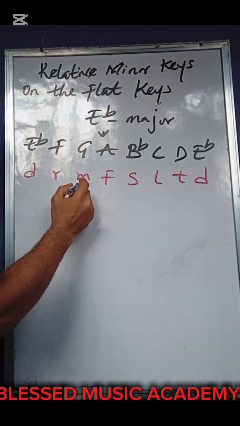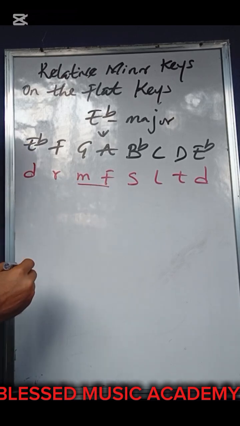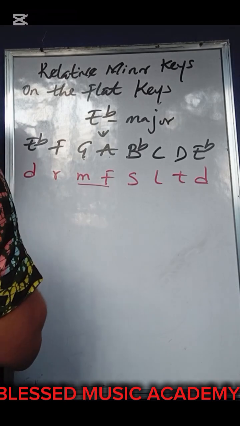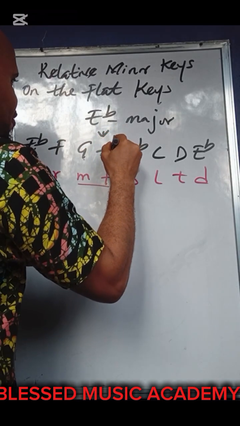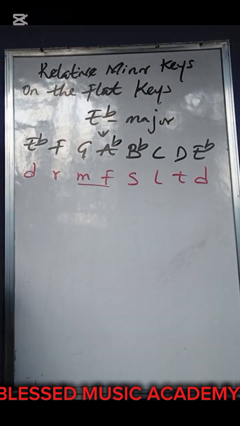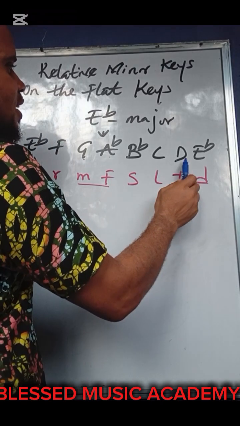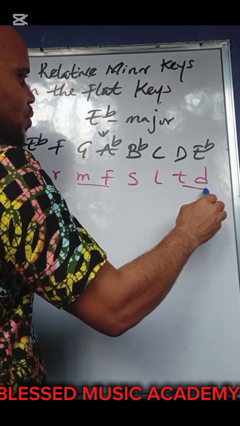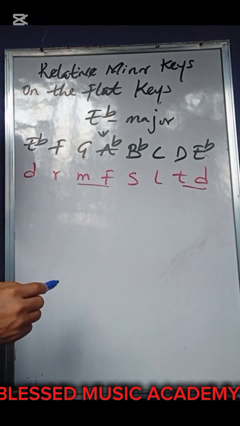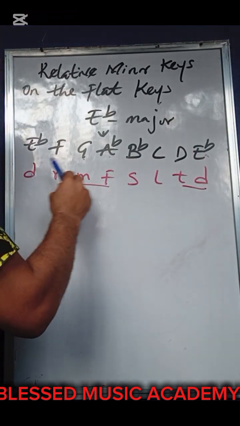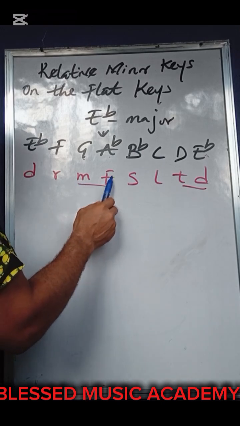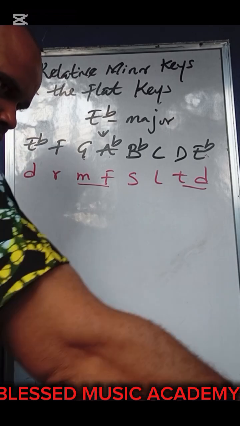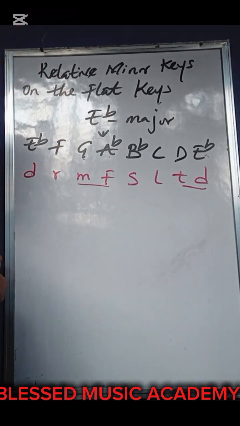Now you know between mi and fa is a semitone, so between G and A is a tone, so you have to flatten your A. That is how we have our flat here. Between D and E is a tone, but because we need a semitone, we have to flatten the E. Do you understand it now? So you can just write out the names and look at mi and fa, you must flatten; ti and do, you must flatten to become a semitone.